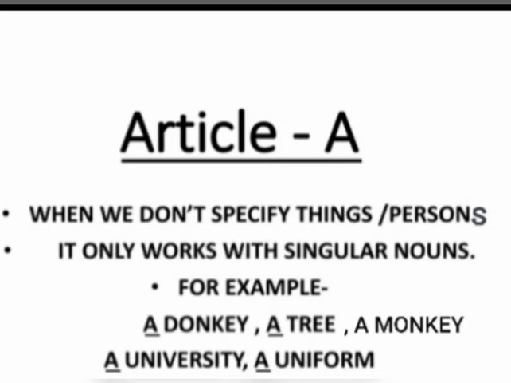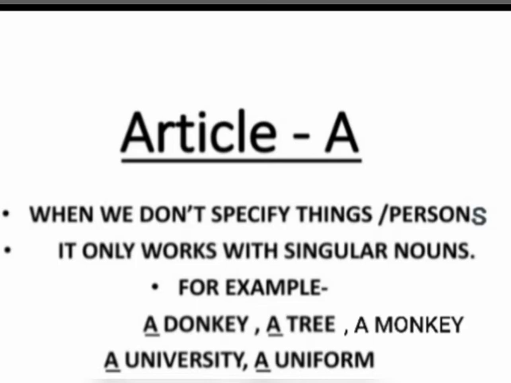So we are writing a in front of these words. Now the next two words, university and uniform, are beginning with the letter U. And we know U is a vowel. But the sound that is coming is of a consonant. So we are writing a in front of these two words.